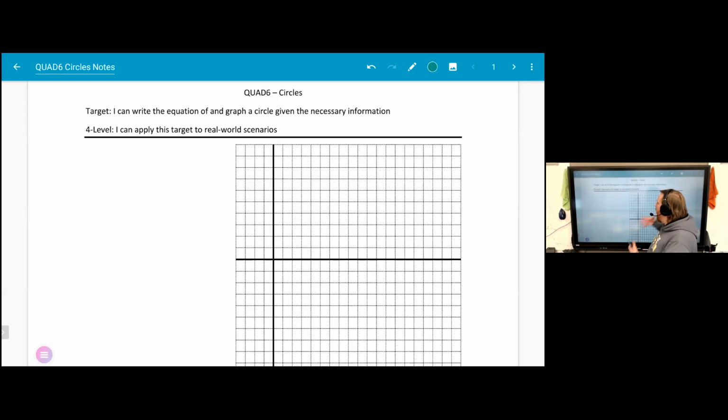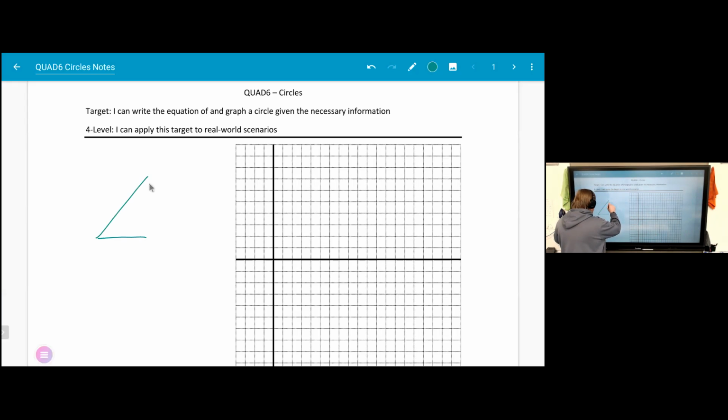So if I'm looking at a coordinate plane, kind of like I am here, let's talk about the equation of the circle. If I'm looking at circles, the obvious choice for shapes to start with to define this is a right triangle. So I'm going to draw the right triangle here.